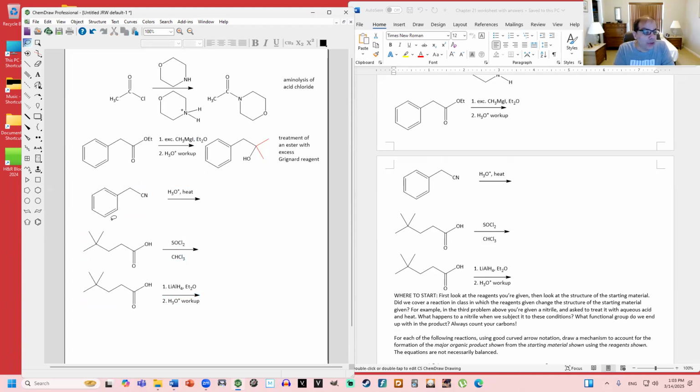In this reaction, we're taking phenylacetonitrile and we're heating it up in aqueous acid. Remember, whenever you're given H3O+, H2O is always there also, whether or not it specifically mentions it. Again, you can't have a bottle of H3O+. H3O+ is dilute aqueous acid.